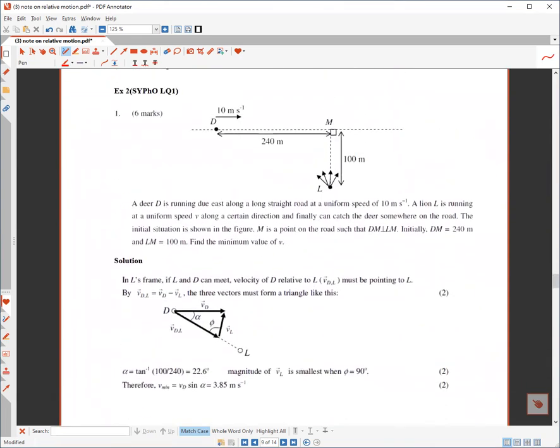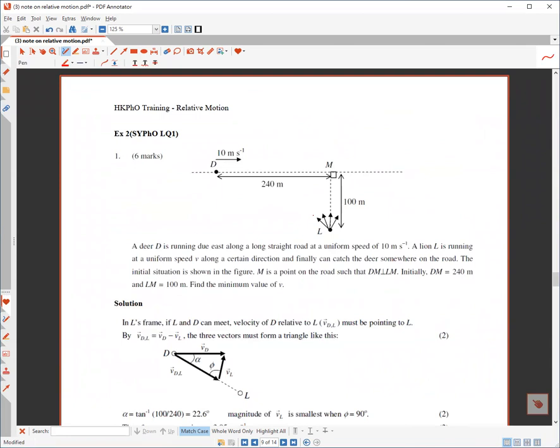But the next question, you have a look at the question first. There's a lion chasing the deer. We know the magnitude and the direction of the velocity of the deer, but we don't know the magnitude of the lion's velocity and the direction of the lion's velocity.